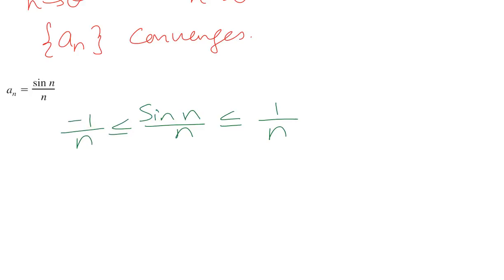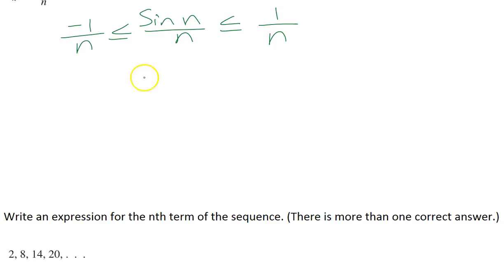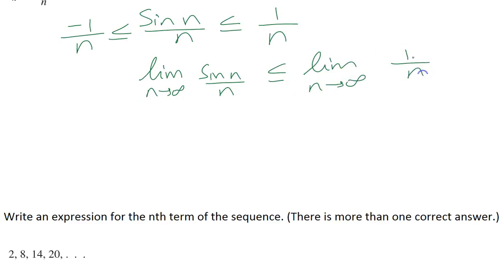The minimum value for sine n is -1. Okay? Now, you want to find the limit of sine n over n as n goes to infinity. Take the limit as n goes to infinity of 1 over n here. Take the limit as n goes to infinity of -1 over n. 1 over infinity is 0.